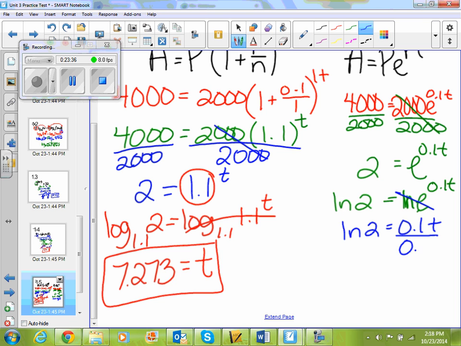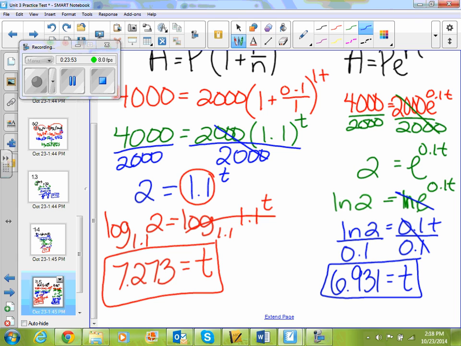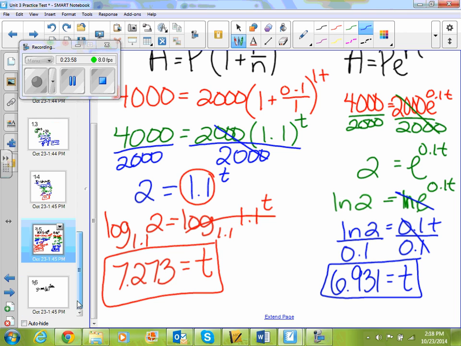I divide by 0.1. So t equals natural log of 2 divided by 0.1. What is that? 6.931. Okay, so it would take a little under 7 years, almost 7 years, when it's compounded continuously for the amount to double.